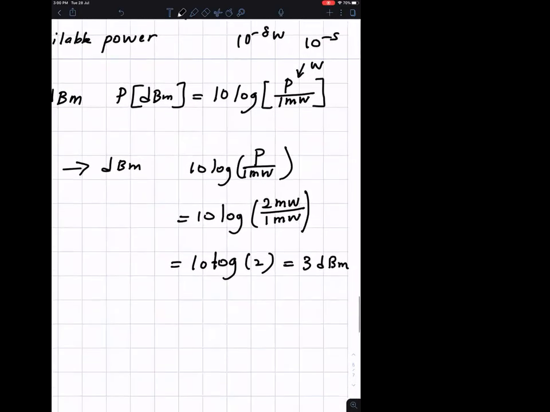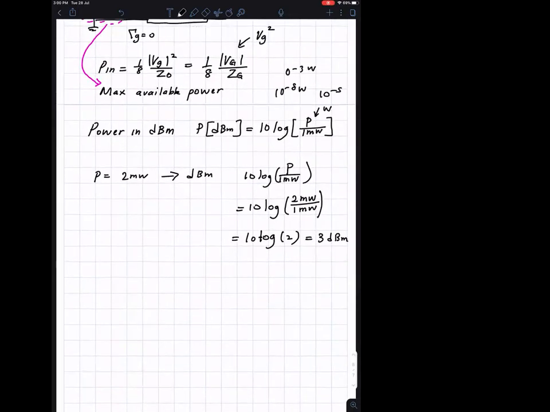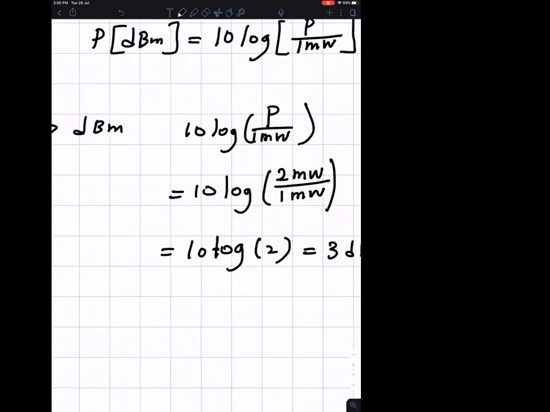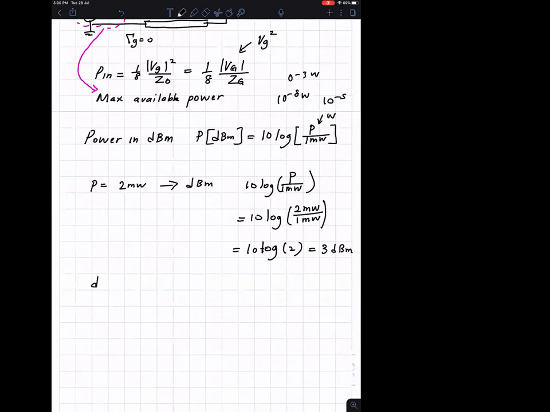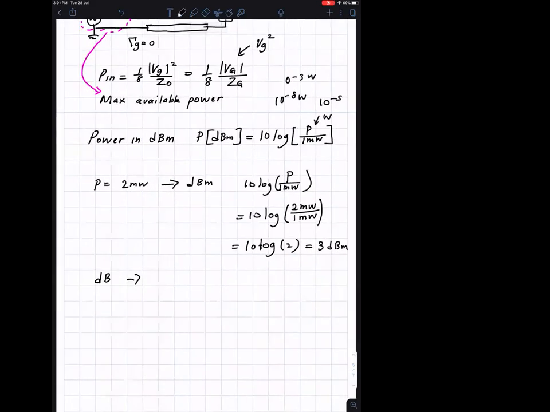Okay, this dBm is just a conversion from milliwatts or some small signals to dBm. And that's the definition of this. It's different from dB. dB is when you take the ratio of 2 powers. For dB in power, you use 10 log.